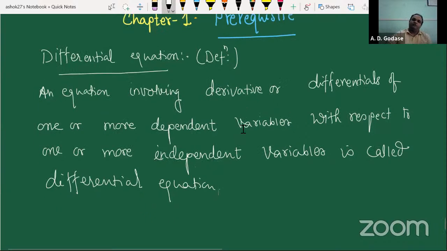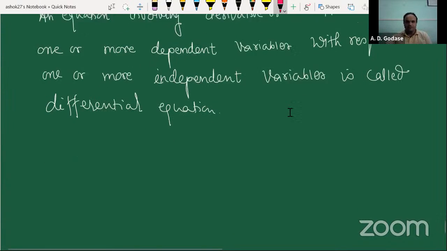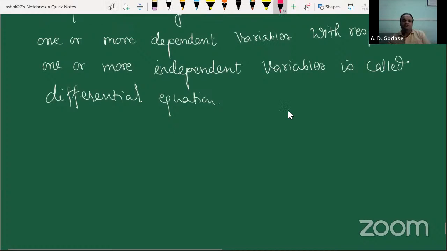So the question comes: what is a dependent variable and what is an independent variable? For example, y is a function of x. Suppose y equals x square plus 5.